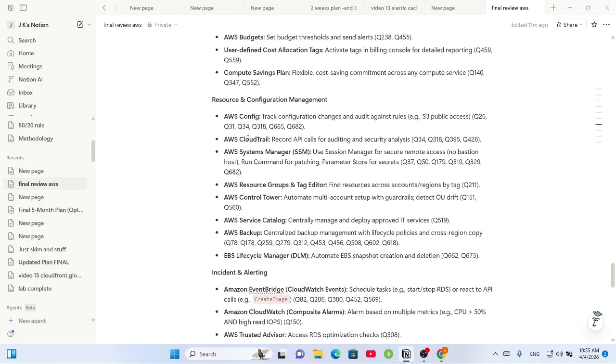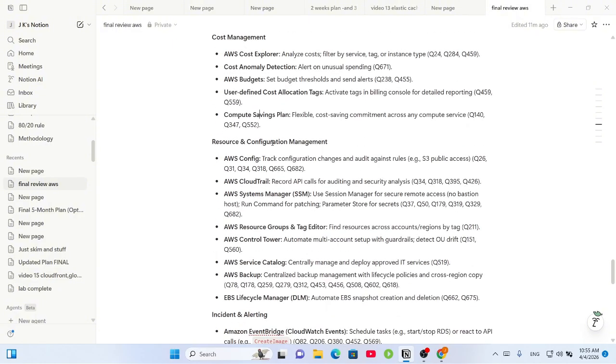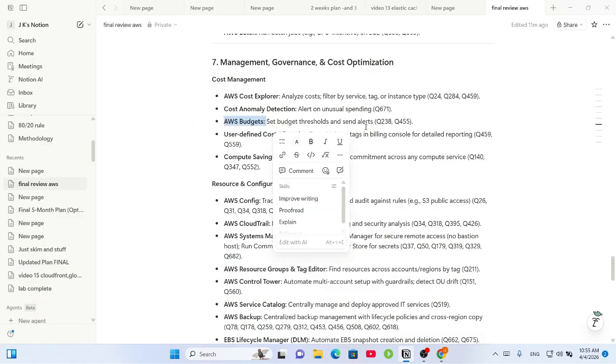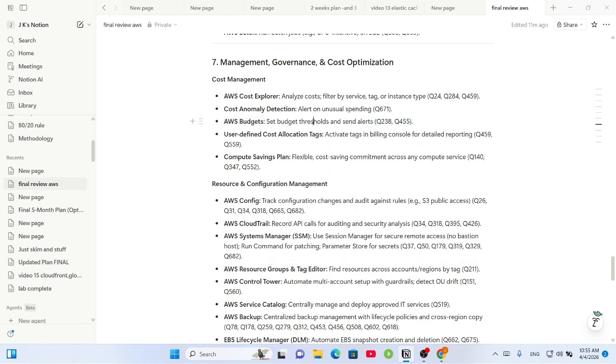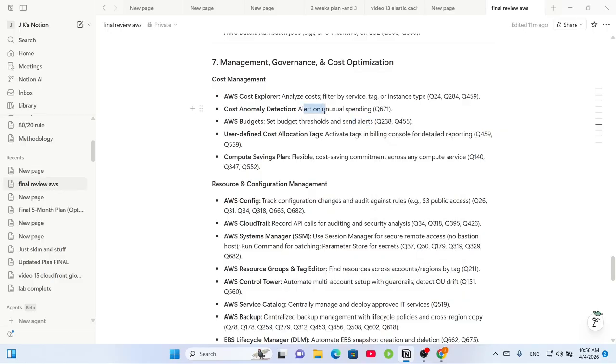So AWS Budgets, we talked about it in the first session. Basically you set the threshold and send an alert when spending exceeds this threshold. Cost Anomaly Detection alerts on unusual spending.